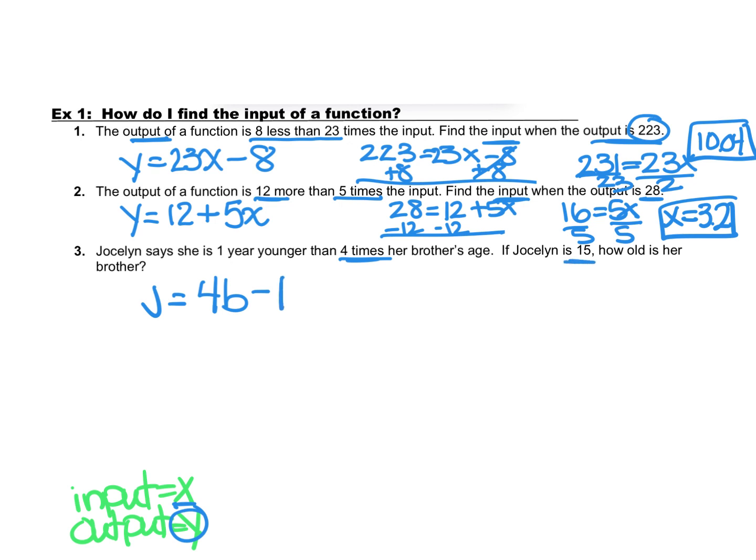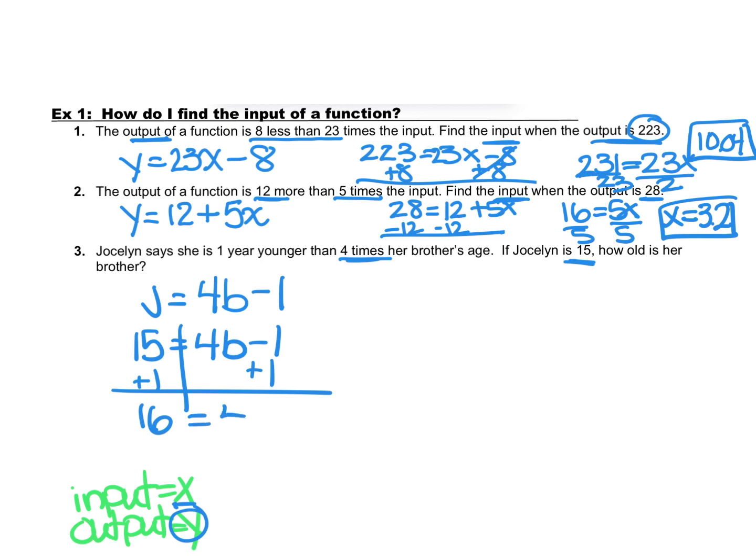So what it's saying then is that Jocelyn is 15 now. So we're going to plug in the 15 where we see the J, and then we're going to solve. And the 4 is multiplying, so we're going to divide. And b is equal to 4.